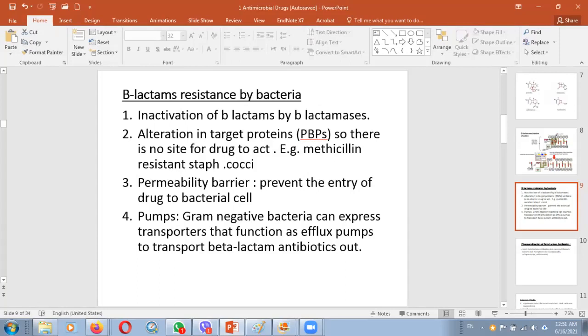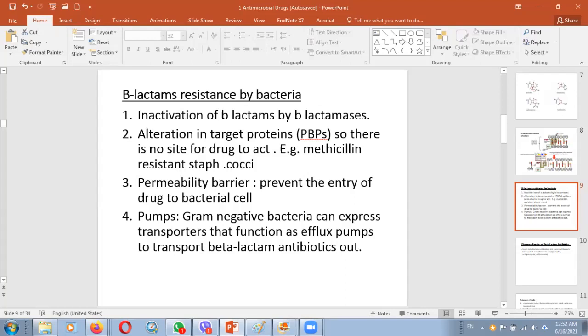The third possibility is a permeability barrier. The bacteria has developed a mechanism to prevent the entry of a drug to the bacterial cell. The fourth mechanism is pumps. Gram-negative bacteria can express transporters that function as efflux pumps to transport beta-lactam antibiotics out.